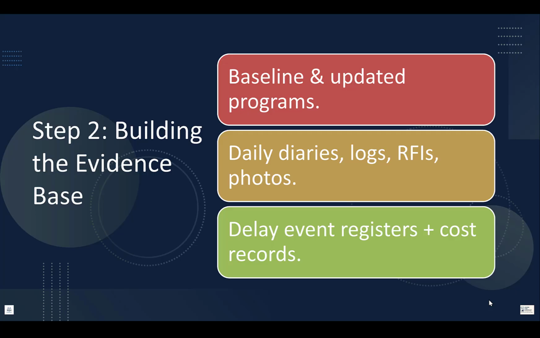The big 5, I call them, evidence categories for EOT. First, baseline program, approved, must be approved, must be detailed, logic linked, and best to be resource loaded for added strength. Just for clarity, baseline and update programs should be sufficiently detailed, logic linked, and compliant with subclause 8.3, including critical path and float.